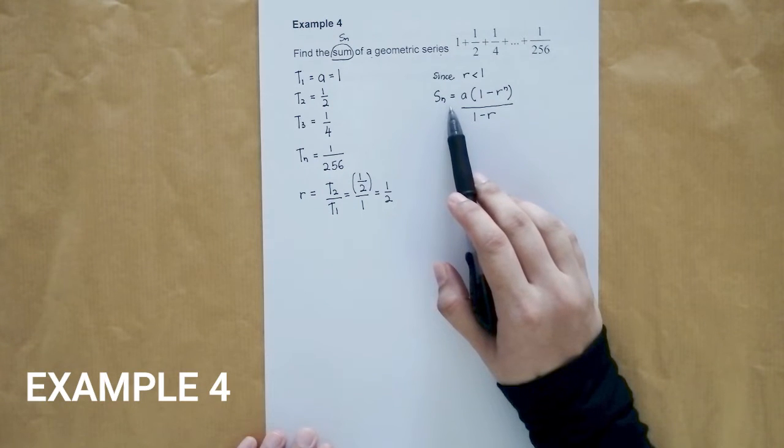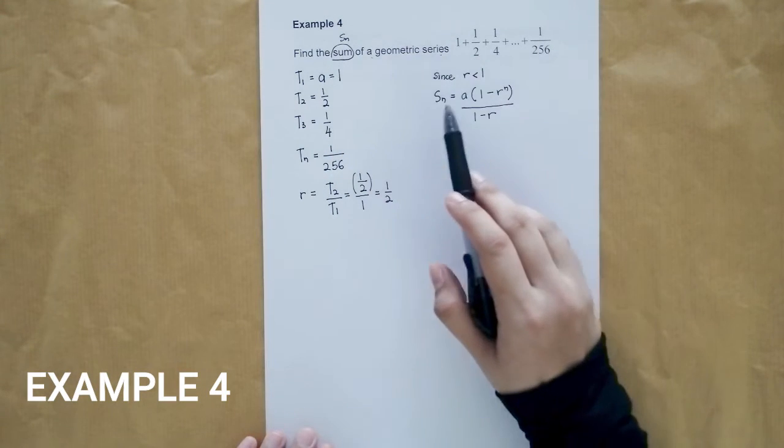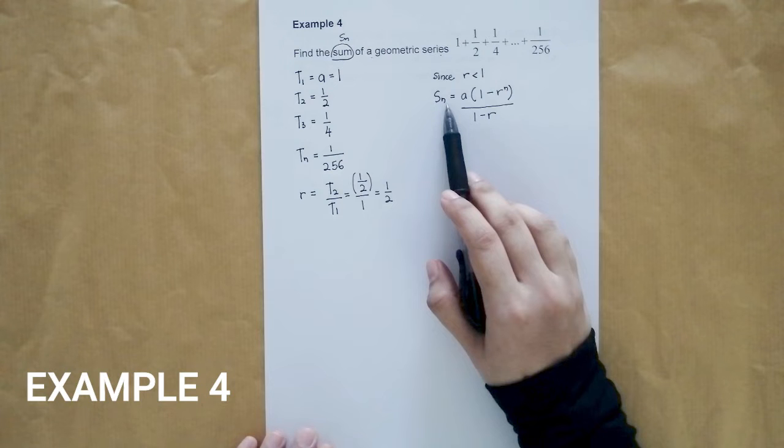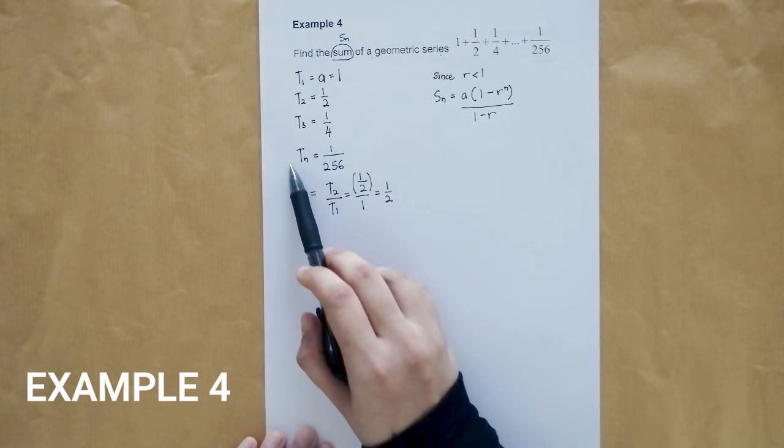So before we can find the sum of the geometric series, we must know the value of n. So to find the value of n, we can use this information.